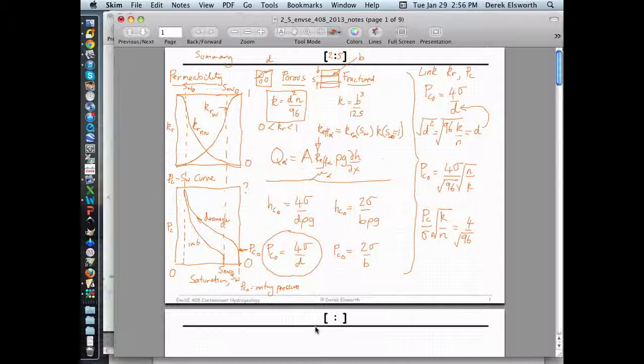So what's the square root of 96? Is it an integer? No. What's it close to then? About 10, right? So I can't do it either.